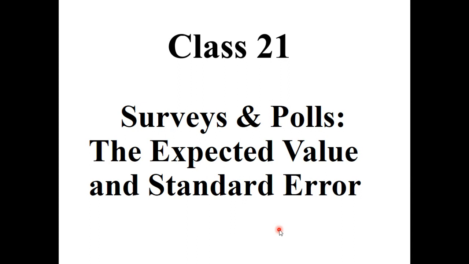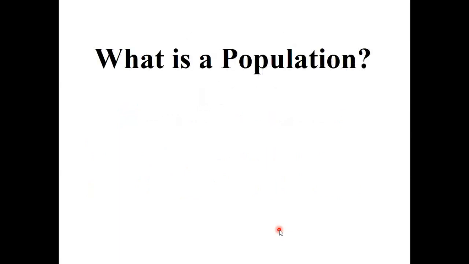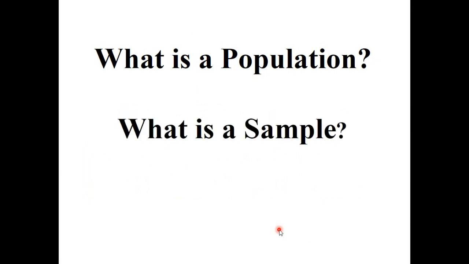Before we go into the lecture, let's review what we covered in the last lecture. We learned that a population consists of all members in a designated group. A sample is a subgroup of a population that's selected for the purpose of gaining information about the population.